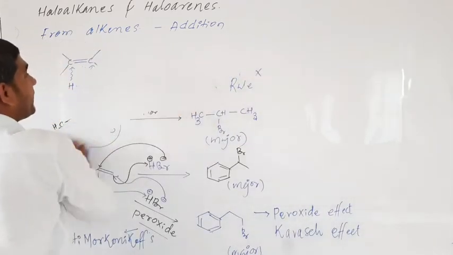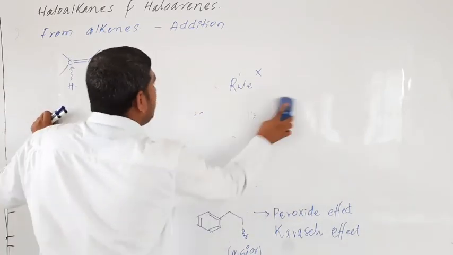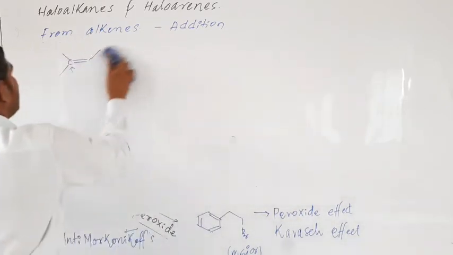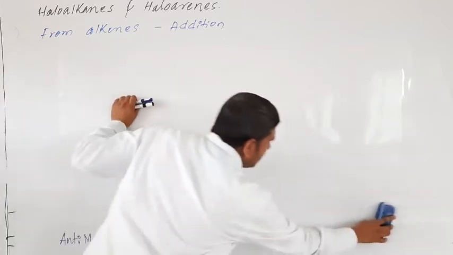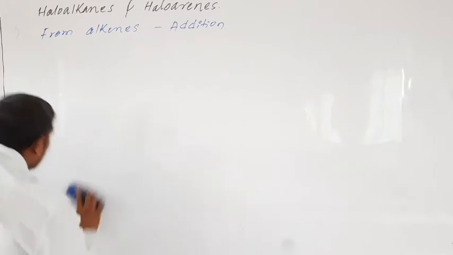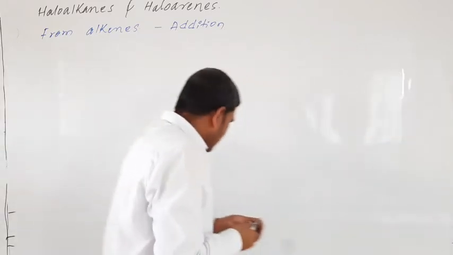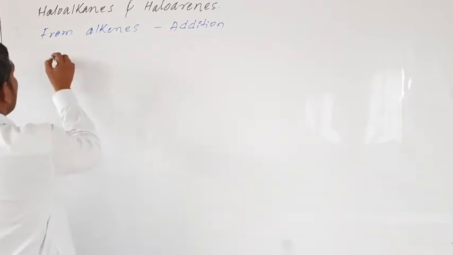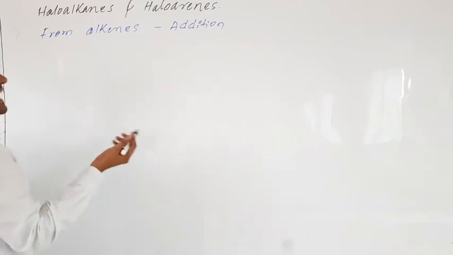Now, next, this was a preparation of haloalkanes from alkenes. Now one more method, the same substrate, alkenes only, but here we are going to prepare dihaloalkanes.